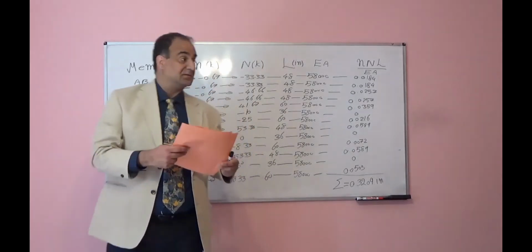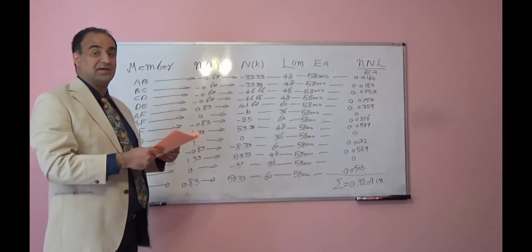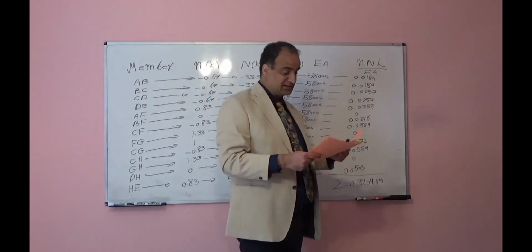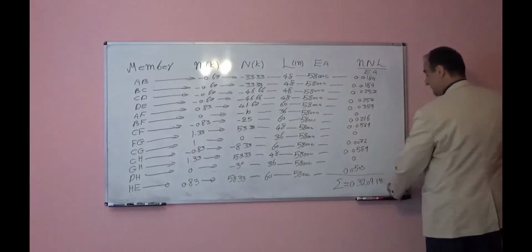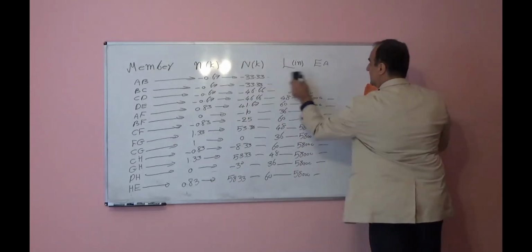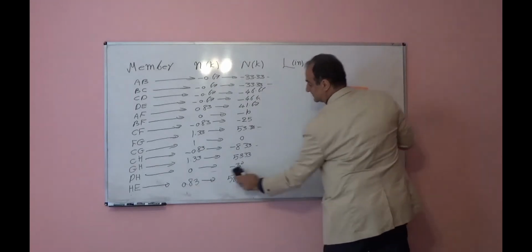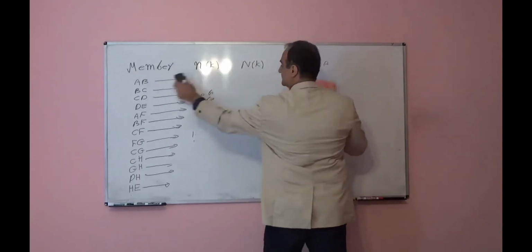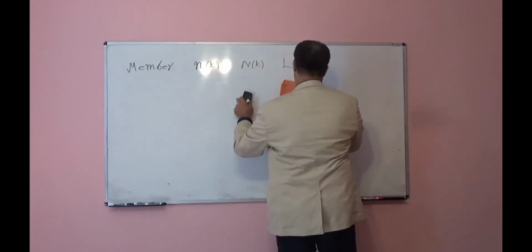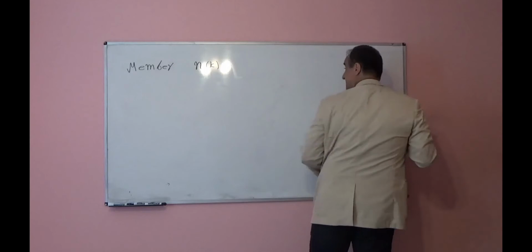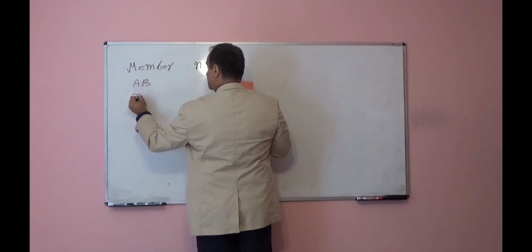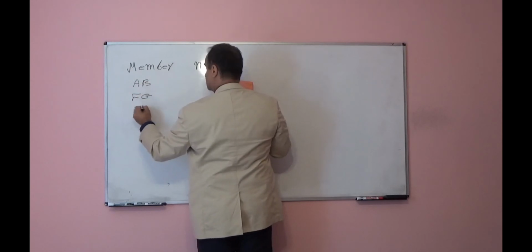So the deflection at point G because of external load is equal to 0.3209 inch. Let's look at the fabrication error in those members. Again, you will list the members. You have fabrication error in AB, FG, HE.